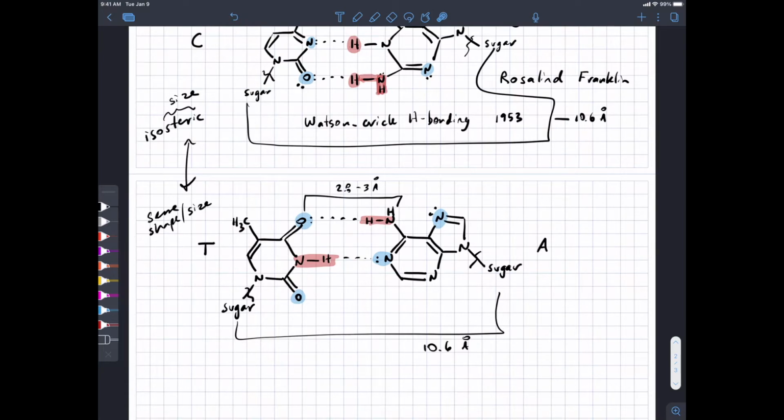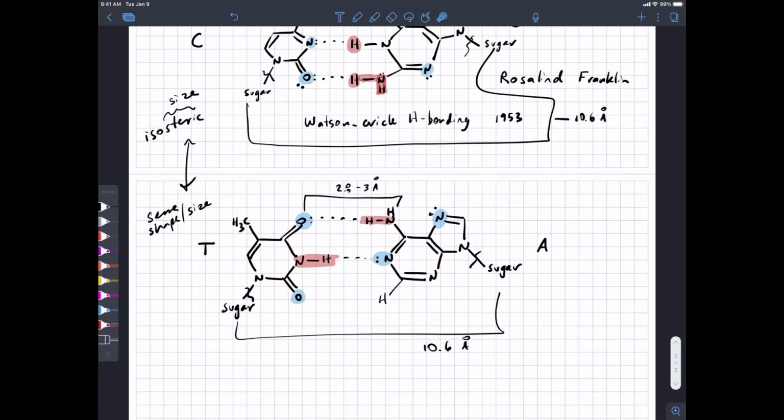There are some issues, I think, with the size of this oxygen and this hydrogen. It's possible that having this methyl group in the wrong place introduces some steric clashes. Again, I don't have a great example of that, and I should know that answer, but I don't. It's also important for the methyl group to be in the right place, whether it's major versus minor groove. So this is the orientation that's preferred.